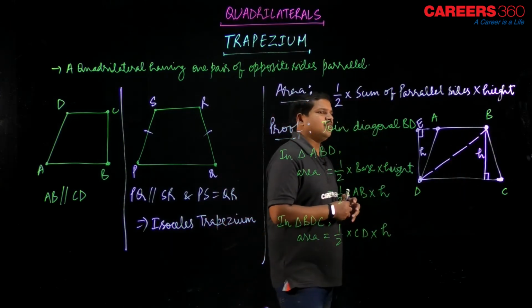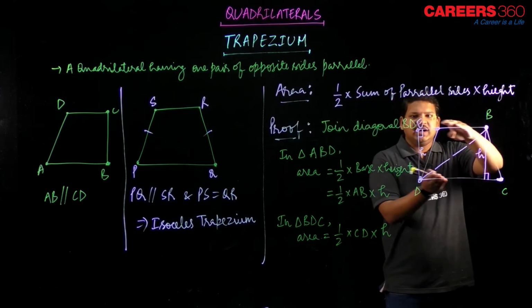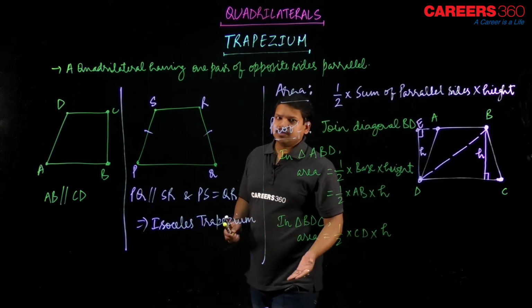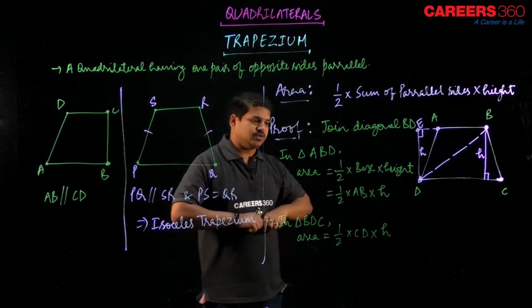Because these are parallel lines, height h and height h, these two heights will be equal to each other. I hope it is making complete sense to you, right?